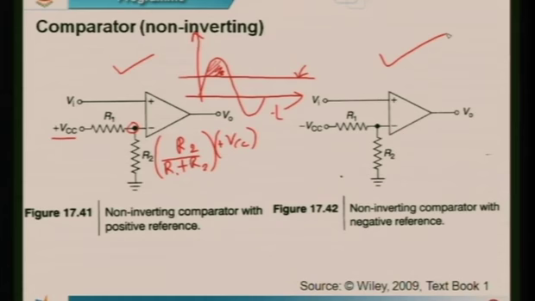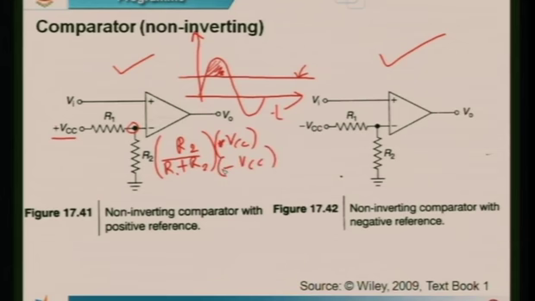Similarly, moving on, the circuit we have on the right hand side is the same circuit. The only difference is this time we are comparing with a reference which is a negative voltage. Everything is the same. In this equation, the plus VCC gets replaced by minus VCC.